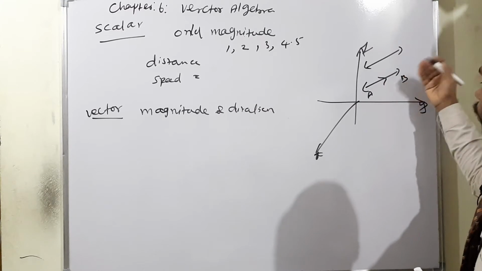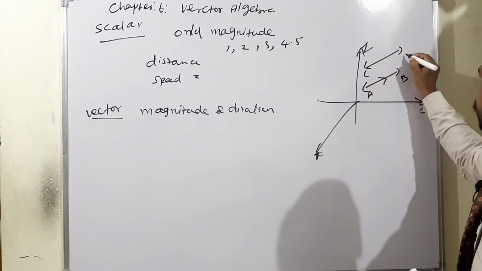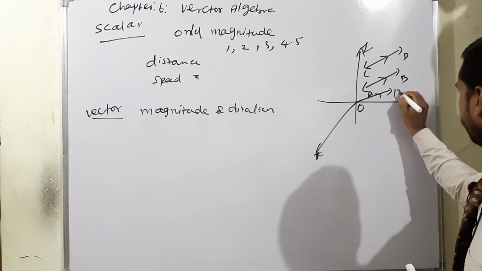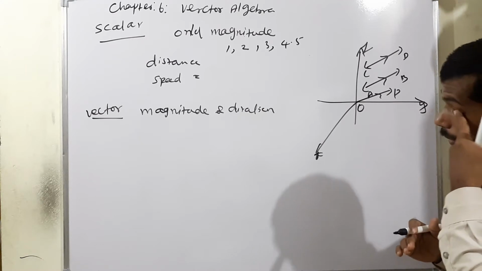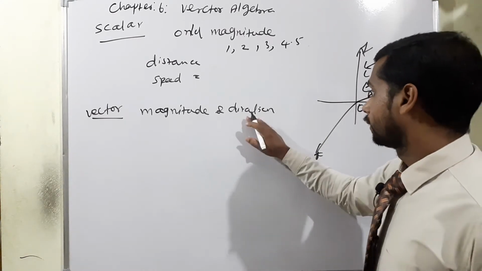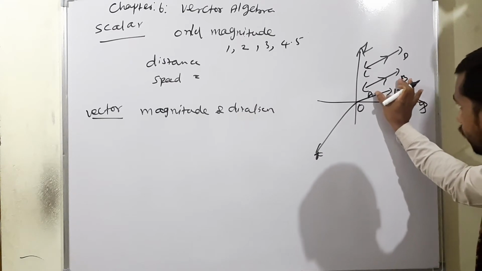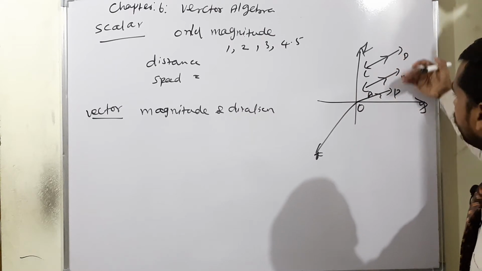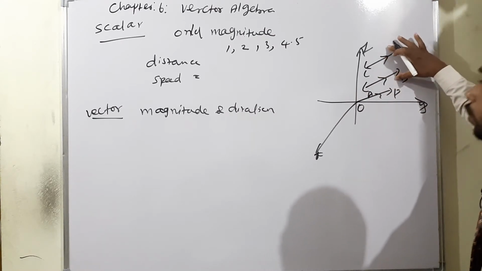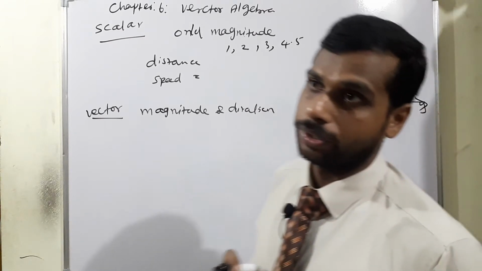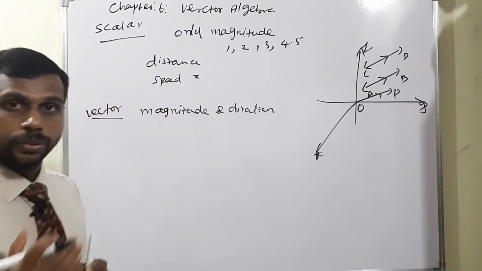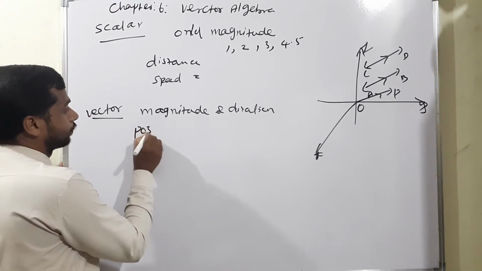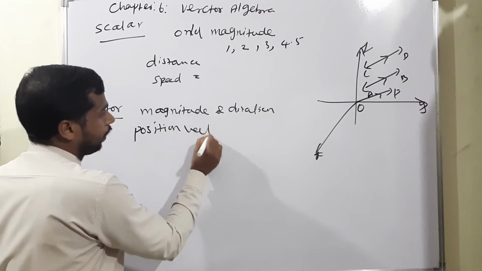This is the C to D distance arrow, as well as the origin point O to P. We have 3 different types of vector. Consider magnitude and direction: if the length of AB and the length of CD are equal, and the angle is also equal, that is called position vector.